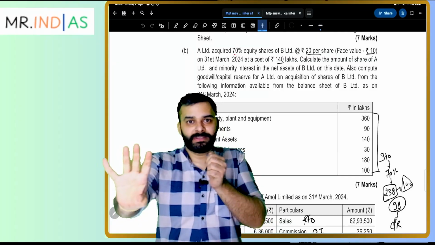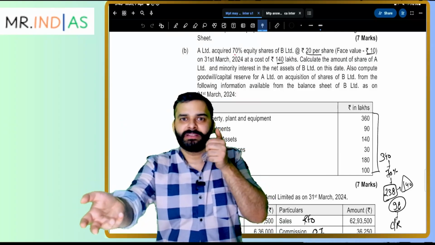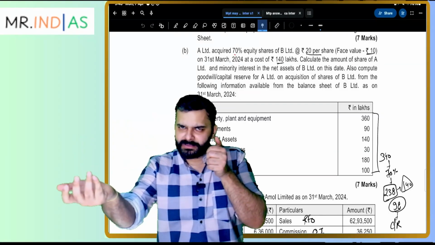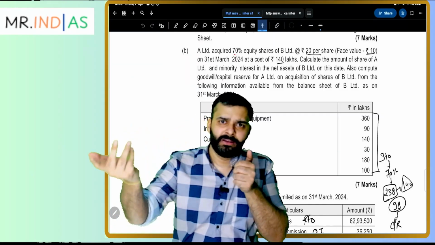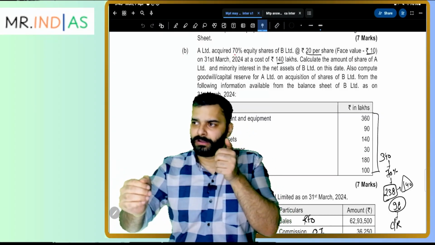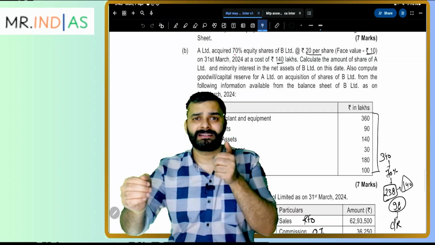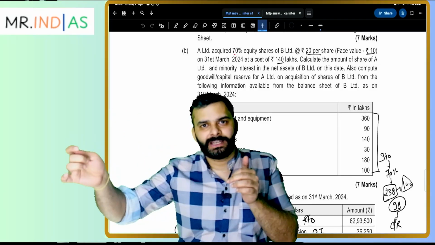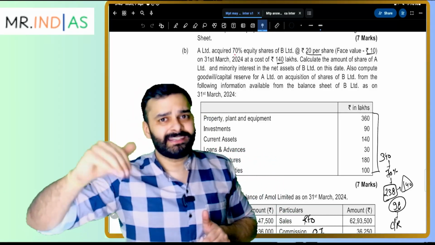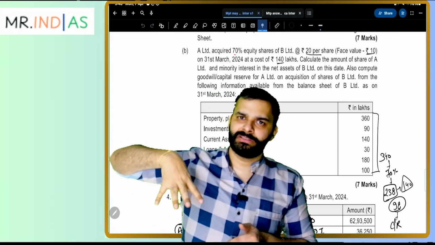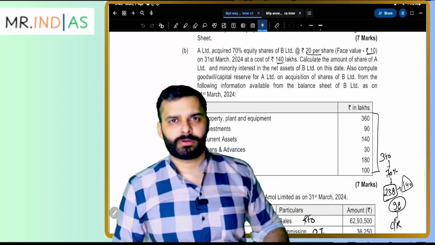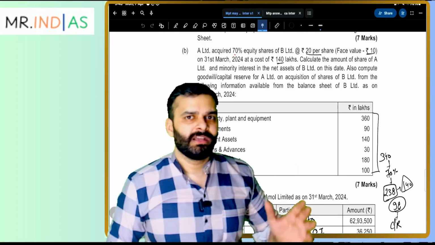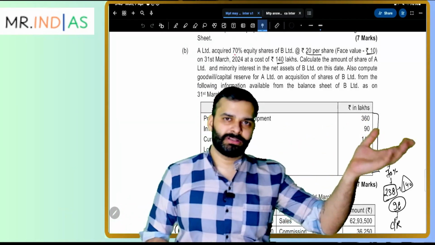So you paid something, that is your investment, and you get something, that is the net asset, share capital plus reserve or asset minus liability, whichever way the answer will be the same. This is the gain or loss, or extra or less paid. If you paid extra, it will come into the goodwill category, because somehow you will get the benefit in future because of that acquisition. If you paid less, it is not a profit, it is not an ordinary activity, hence it will be shown as a capital reserve.